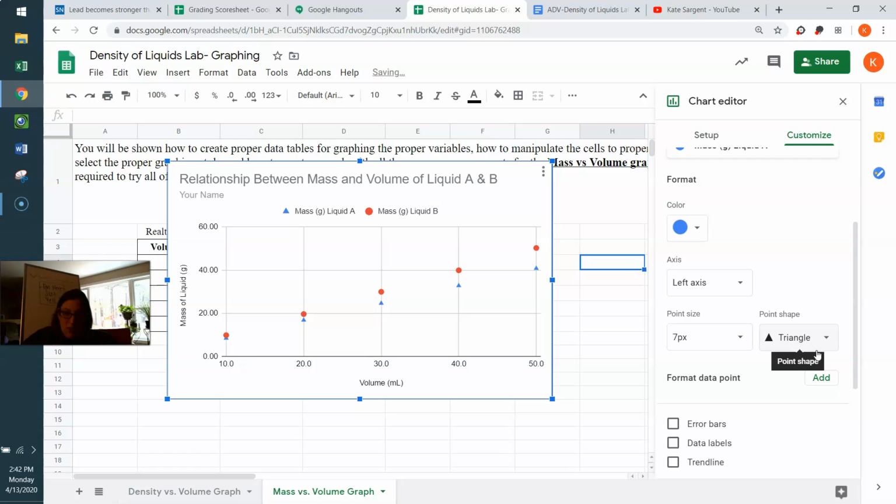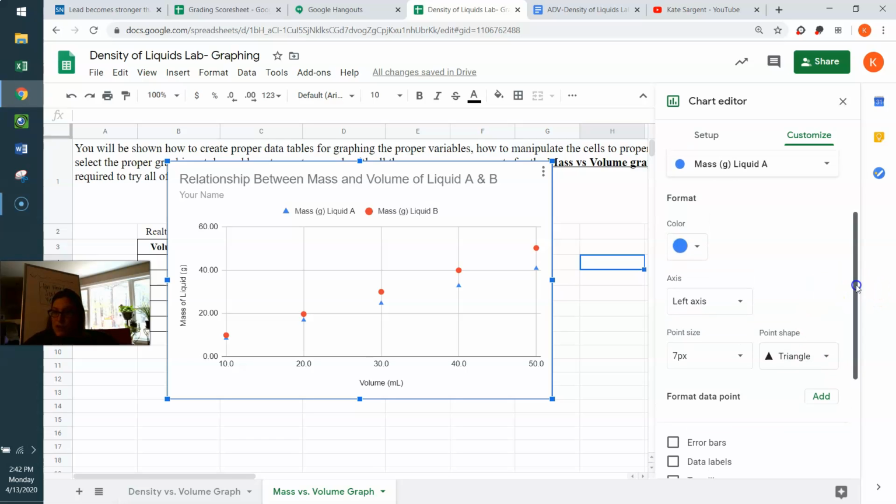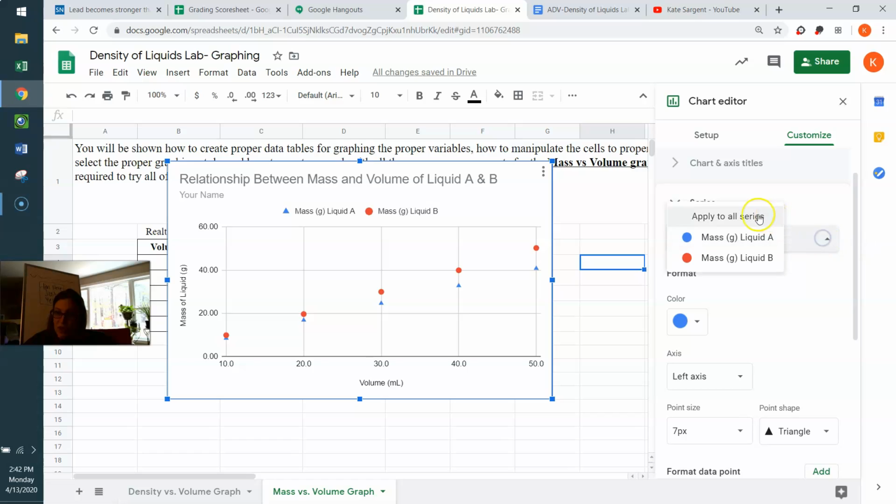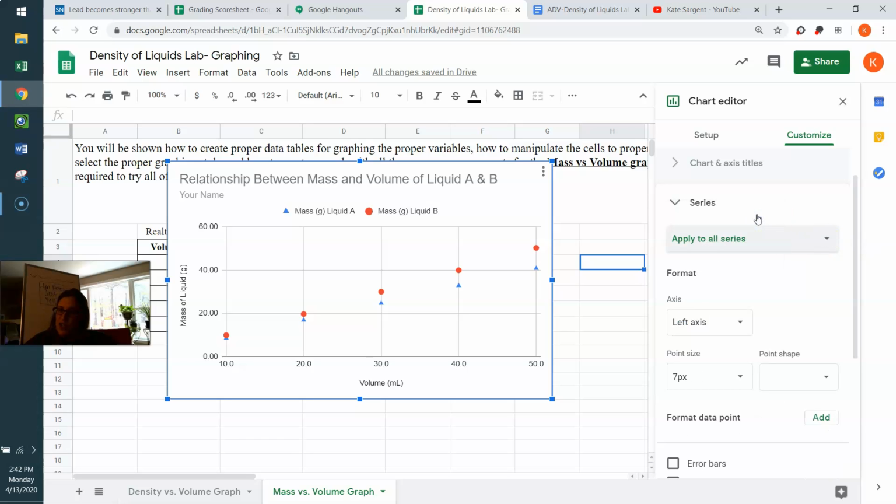So if I make one a triangle and the other a circle, it's now very easy to distinguish between them. You'd see up here I took it off of apply to all series because if I change all of them, then they're always going to be the same. You click here, you choose one out of the two, and then change that.